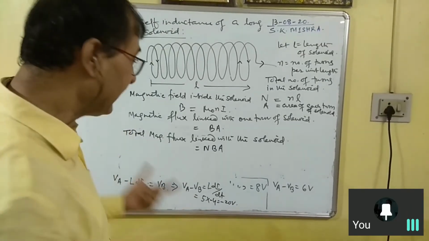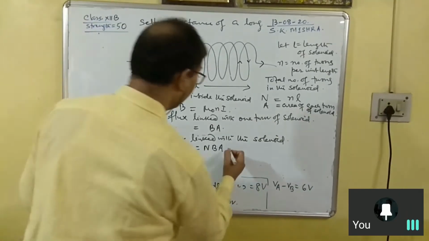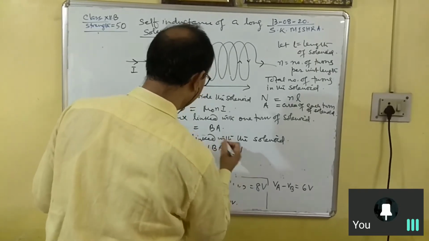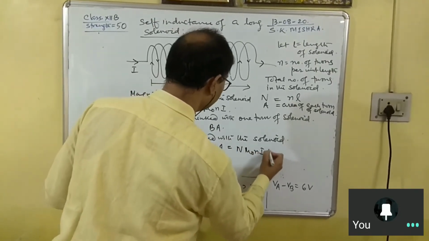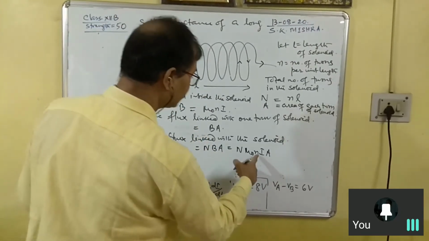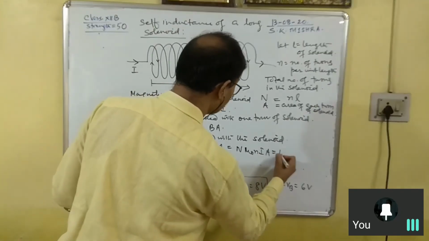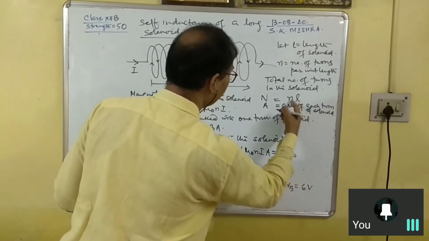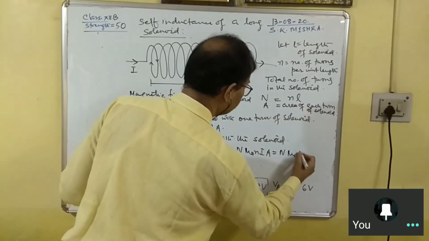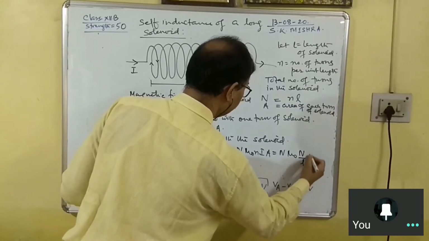Now B is mu naught Ni, into A. You can replace this small n by capital N by L, so this is mu naught, capital N by L into I into A.